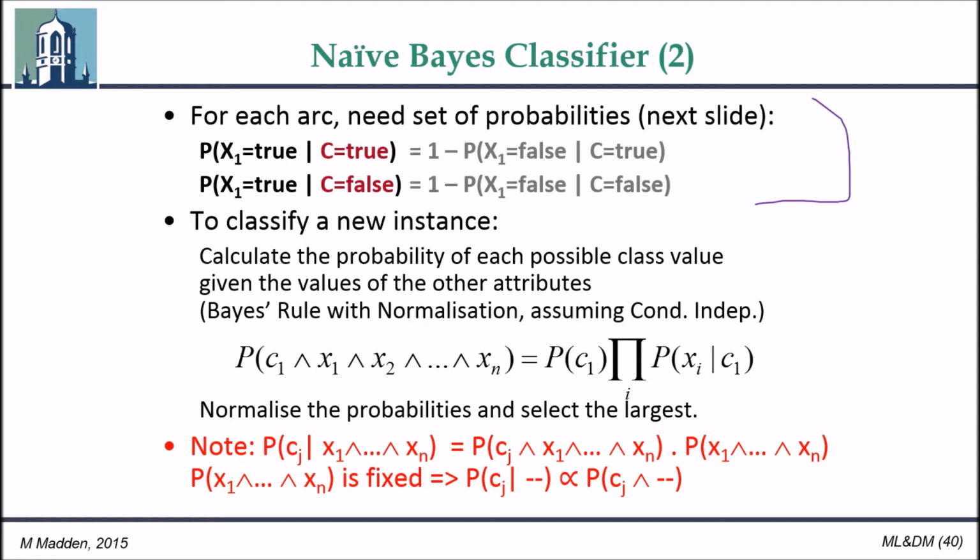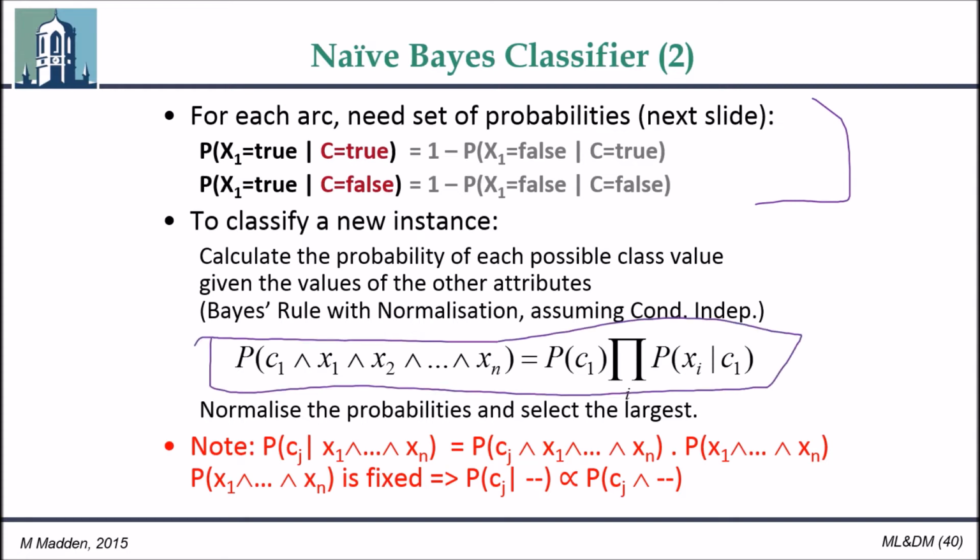And what we say here is the probability that class 1 has some value, and x1 has some value, and x2 has some value, and all the way up to our evidence variable xn, the probability of that joint set, that atomic statement here, is equal to the probability of class 1 multiplied by the product of all of these: the probability of x1 given class 1, the probability of x2 given class 1, the probability of x3 given class 1, and so on.